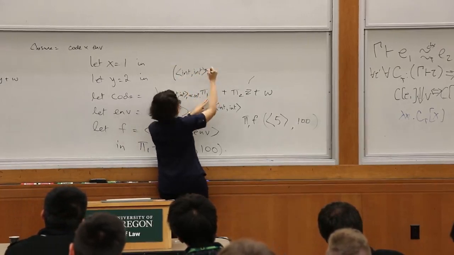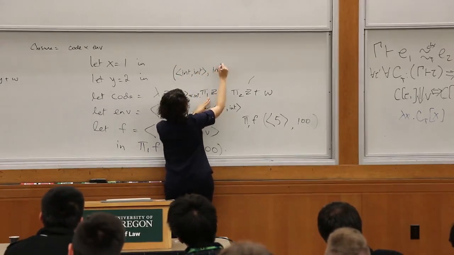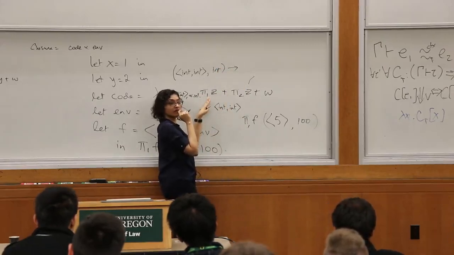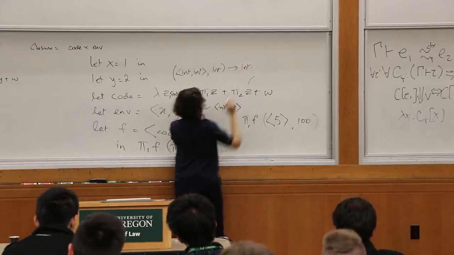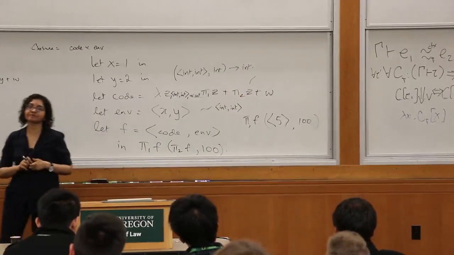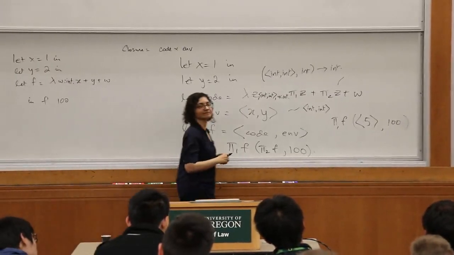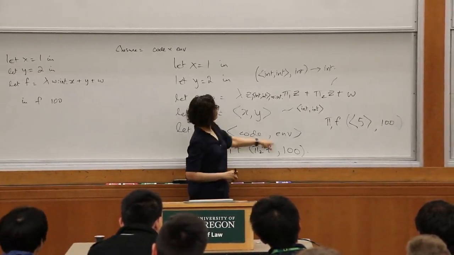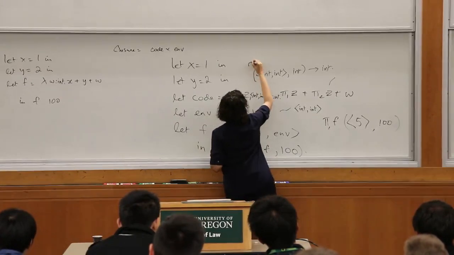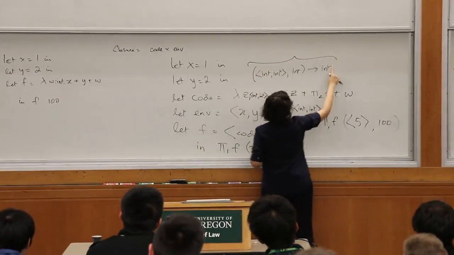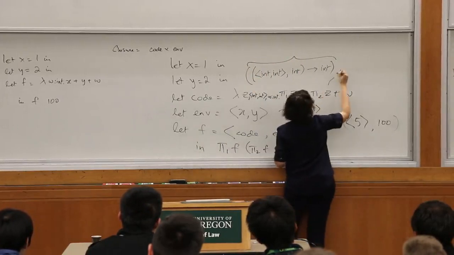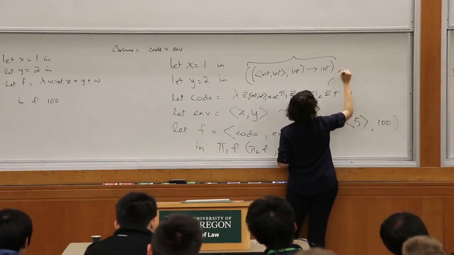I'll write multi-argument functions, takes an integer, and produces. Okay, so what's the type of f? It's a pair, right, of code and environment. So the type of f is this paired with, I'll write this cross.